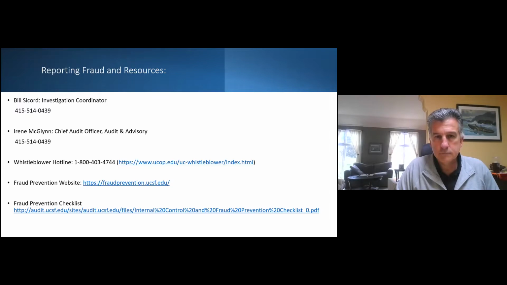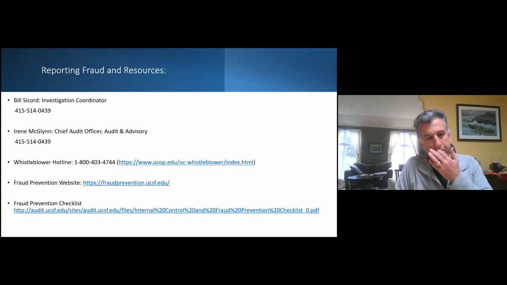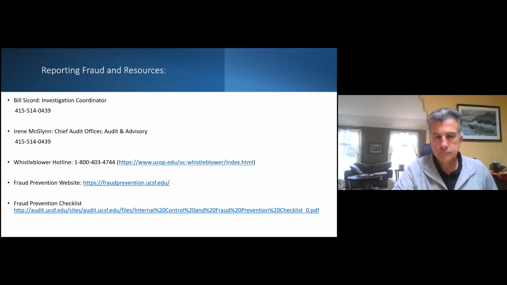The next question is, how can UCSF employees protect themselves from the appearance of a conflict of interest if they're involved in the selection of a vendor that they have a personal relationship with, and it's not a family member? I think the best thing to do is be upfront about that and let your management know about your relationship with the vendor, and let them decide whether you should be part of the procurement process or not.